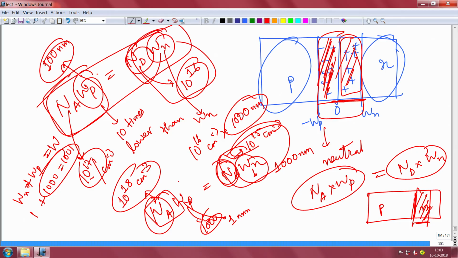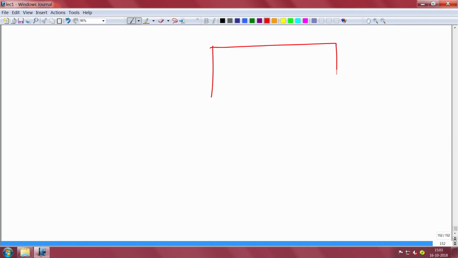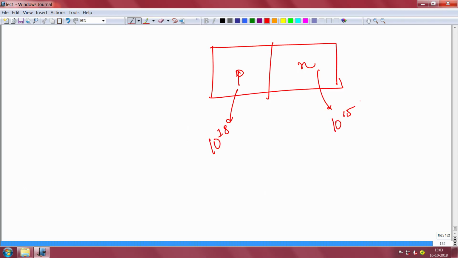So to re-emphasize, if I have a PN junction and this is doped very high, say 10 to the power 18, this is doped very low, say 10 to the power 15, then all the depletion is almost entirely in this side. There is negligible depletion on this side, because the depletion ratio is in inverse proportion to the doping. So this is 1000 times more than this, which means this is 1000 times lower thickness than this. So all the depletion actually is on the N side.